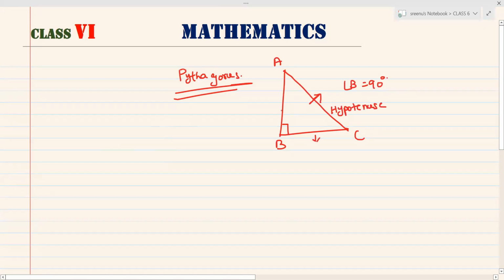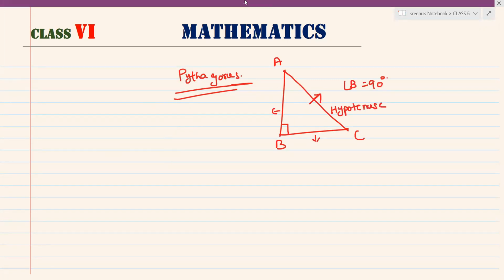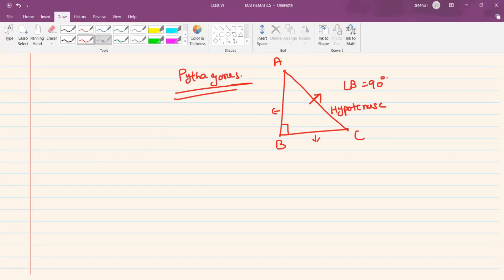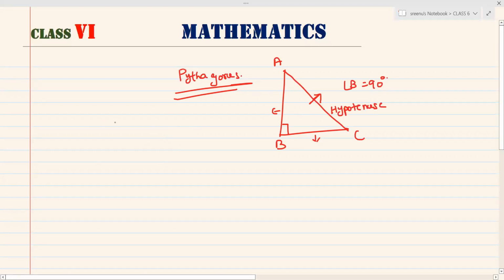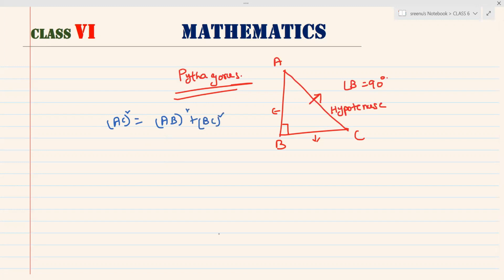This is called base. This is called opposite. What is the relation between this hypotenuse, base, and opposite? The square of hypotenuse, that means AC square, is equal to the sum of the squares of the other two sides.